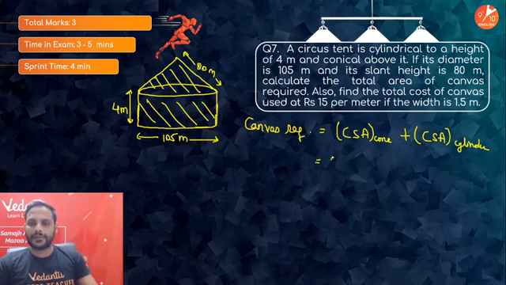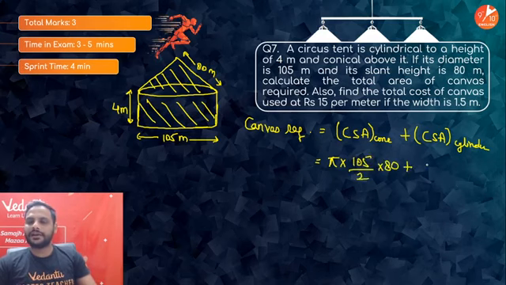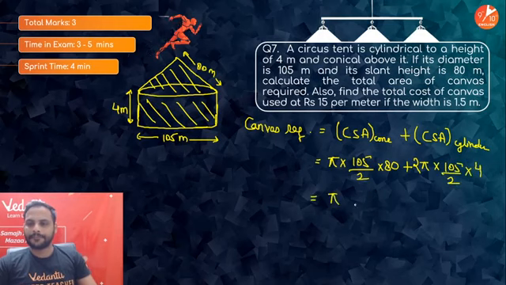CSA of cone is pi into r, radius is 105 by 2, into L is 80, plus CSA of cylinder is 2 pi r h, 2 pi, radius is 105 by 2, into h, h is 4. So I can take pi and 105 by 2 common.